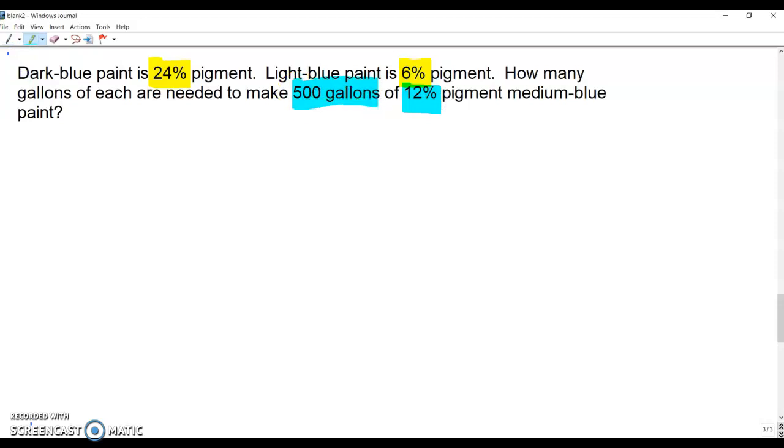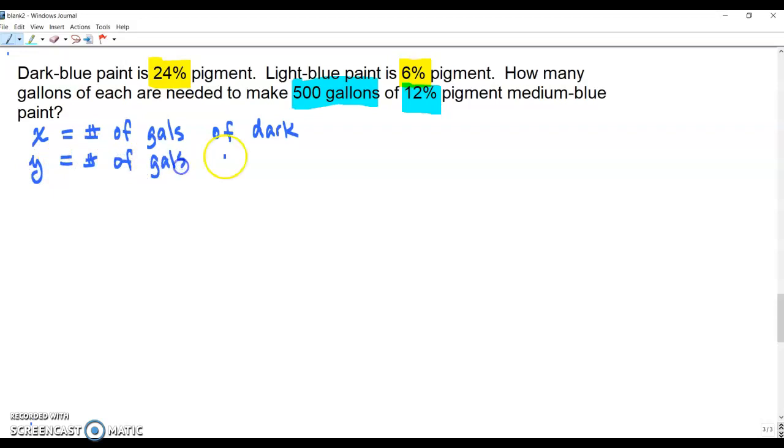So the question is, how many gallons of each are needed? So let's say X is number of gallons of dark, and Y is number of gallons of the light.